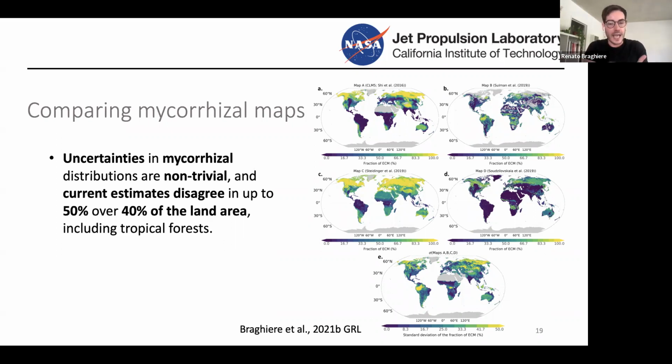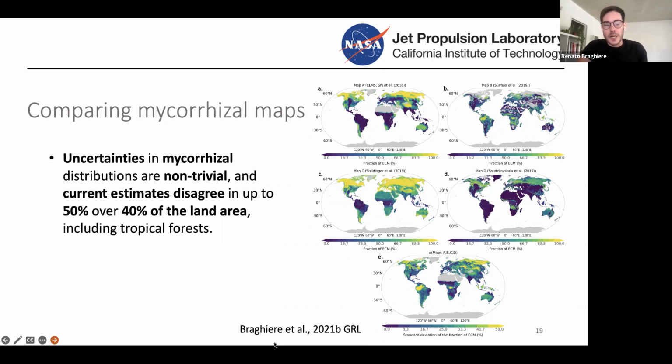And the interesting thing is that they used different data sets and different methodologies to upscale those data sets. So here is our map using the plant functional type concept. And here, maps B, C, and D are the other global mycorrhizal maps that were published.